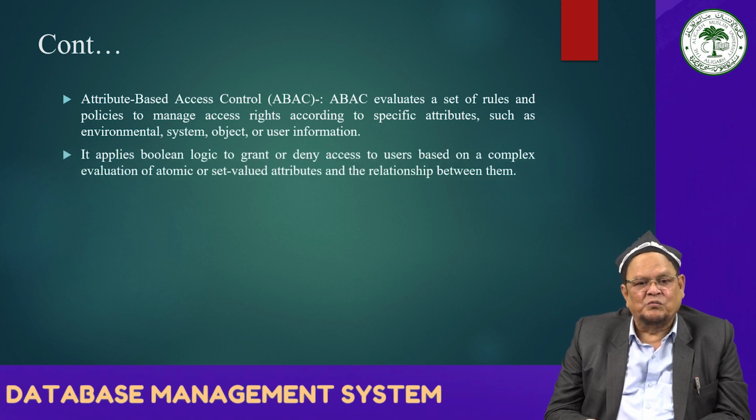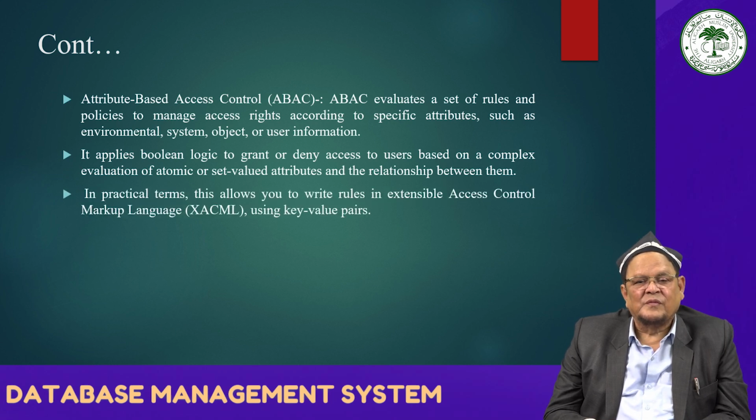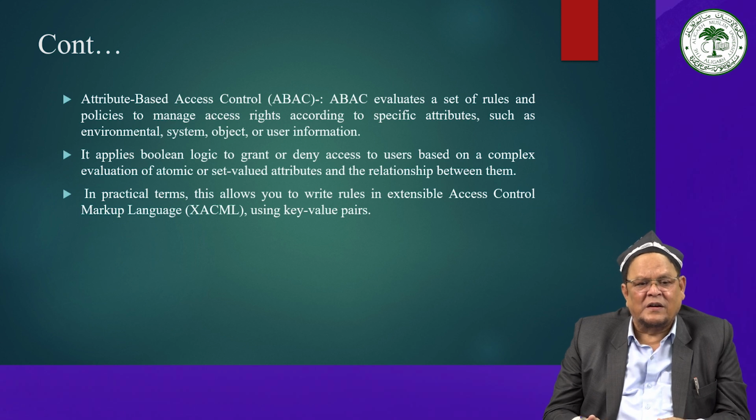It applies Boolean logic to grant or deny access to users based on the complex evaluation of atomic or set-valued attributes and the relationships between them. In particular, we can say that we write a rule in extensible access control markup language, XACML, using key-value pairs.